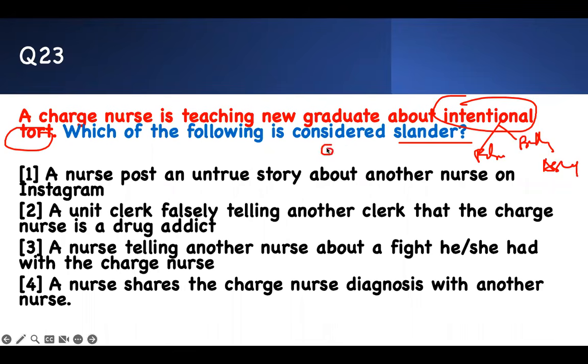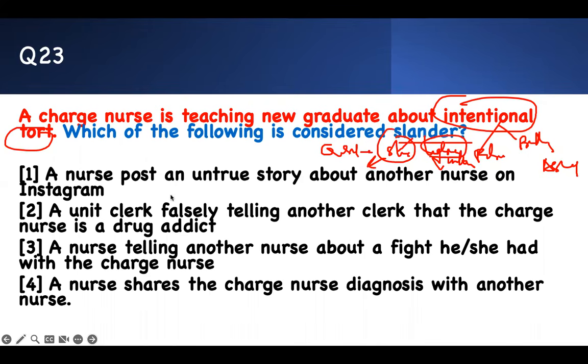And I put them as quasi-intentional torts: slander and libel, right? Those two, which one does that belong to? Slander, you're talking, speaking. Libel is what? Library, so in the books. So written down. Spoken, slander, S, you talk about it. So any of them that I'm talking about, I'm picking it as an answer.